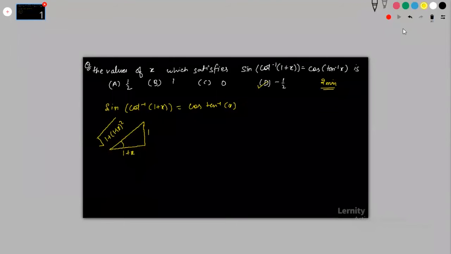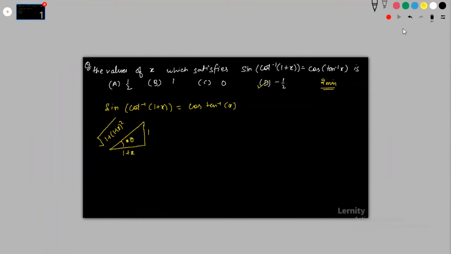Let's say this angle is some theta, right? So if I find the sine value, this will be sine of sine inverse of 1 by root of (1 plus x) whole square, right?